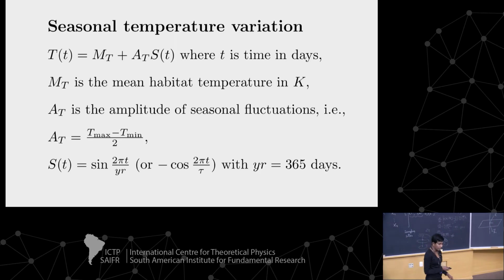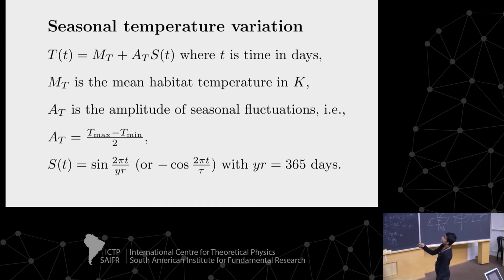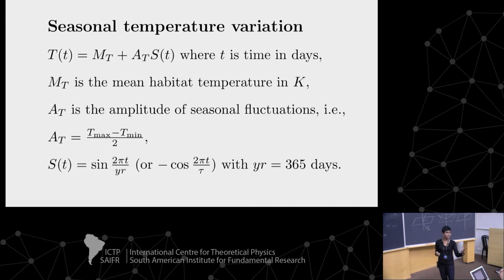And we do this like this. We would say T of t denotes the temperature variation regime, the variation of temperature with time.